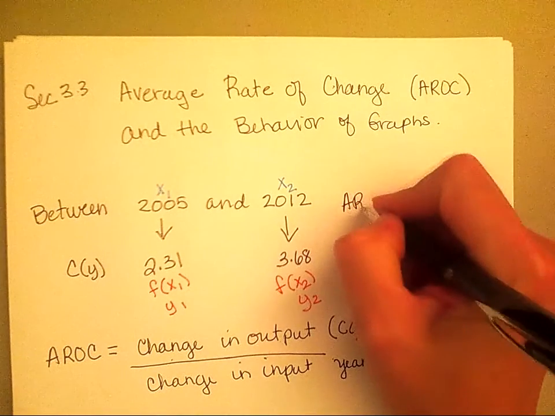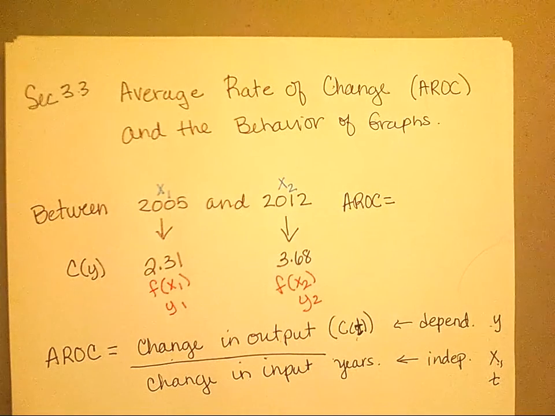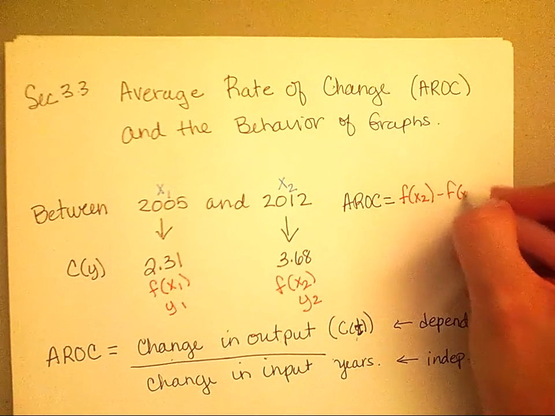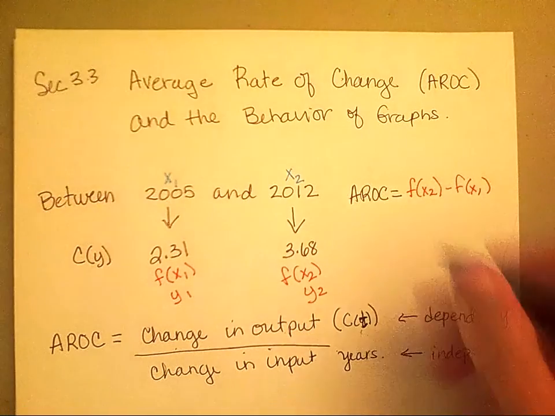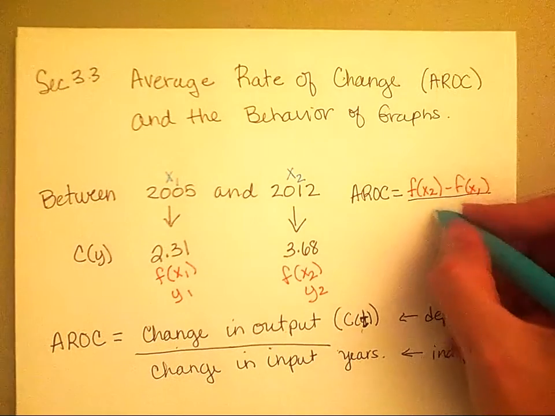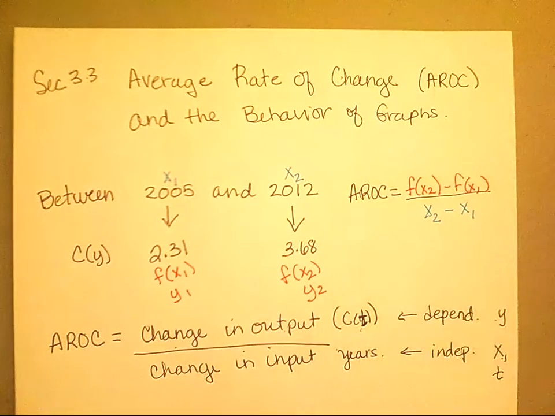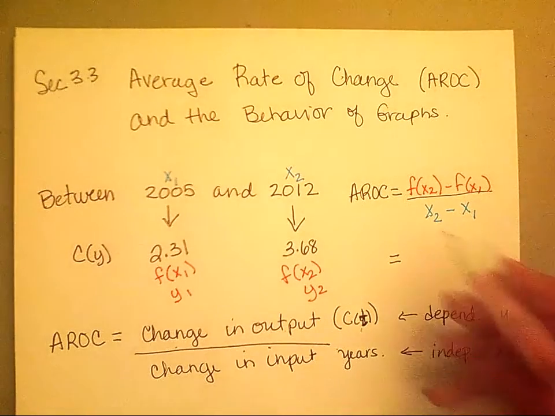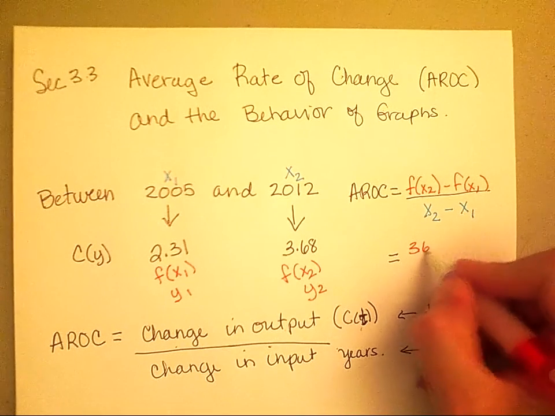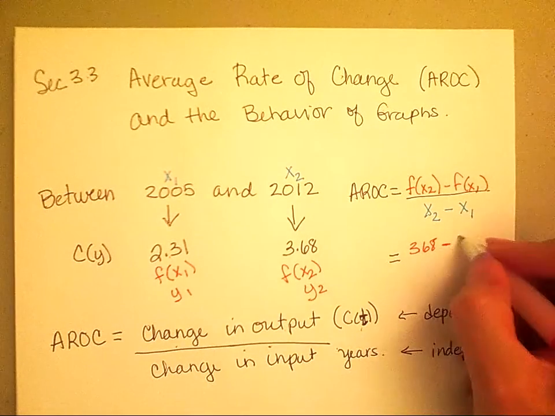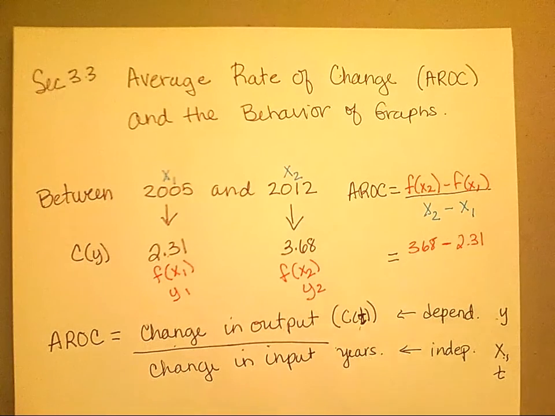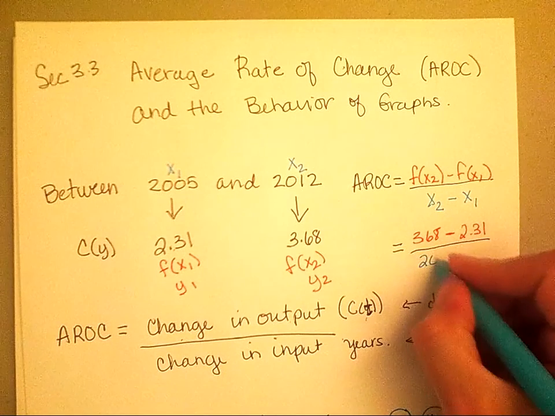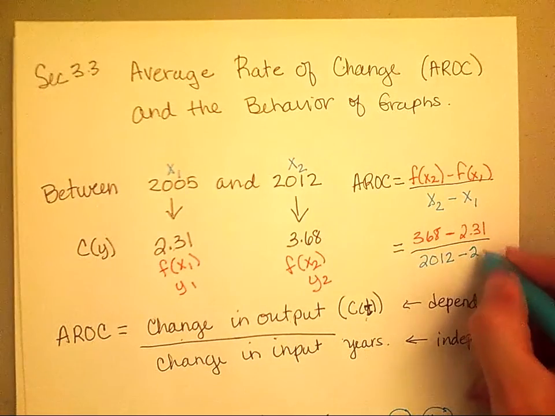So our average rate of change here would have to be f of x2 minus f of x1 divided by x2 minus x1, which in this case, f of x2 is $3.68. We subtract off the $2.31, and then x2 is 2012 minus 2005.